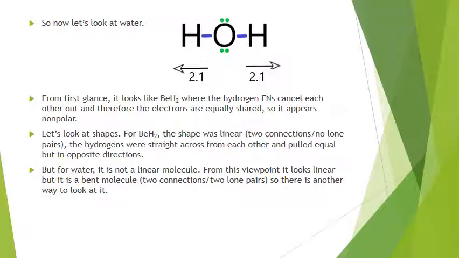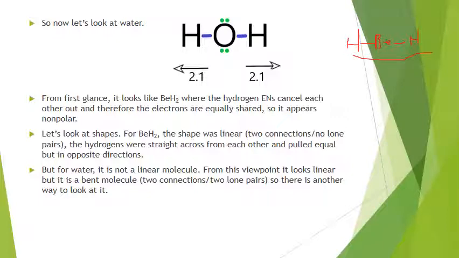Okay, so let's look at water. In this case, I'm going to assume each bond is polar because they're each pulling. And what I'm going to do is just look at the hydrogens and how they affect each other. The way that I have it drawn out here, it looks like the two hydrogens are going to cancel each other out, just like they did in the BeH2 example.